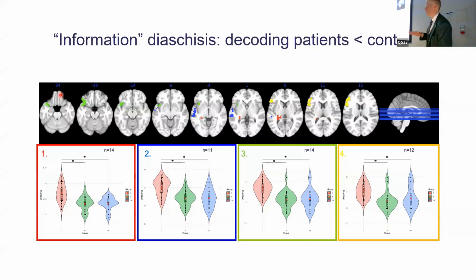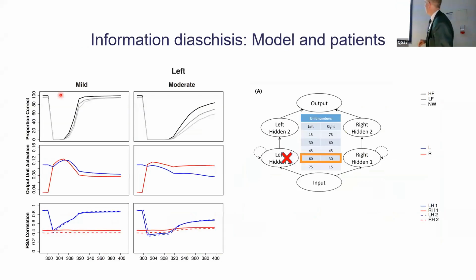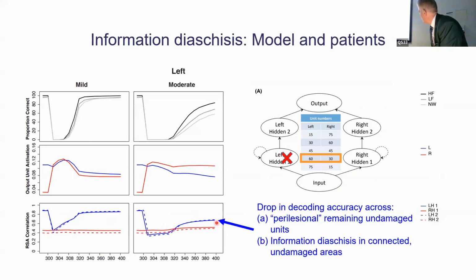And just to finish, I promise I'm finishing. It turns out the model does this as well. So actually we did the imaging after the model. We went back to the same model. We didn't change anything. If you look here, the solid blue lines are the lesioned layer, and the next layer on is never lesioned in this model.